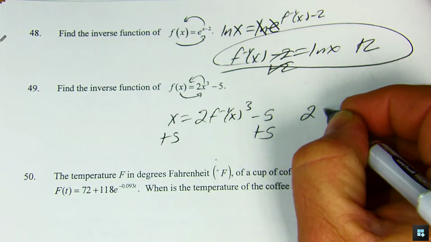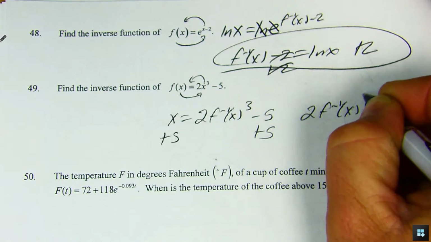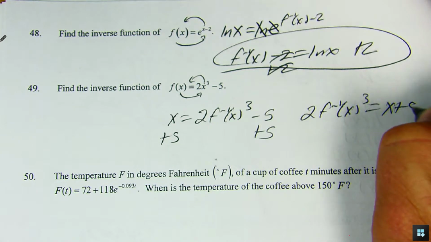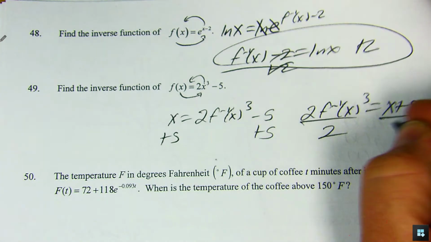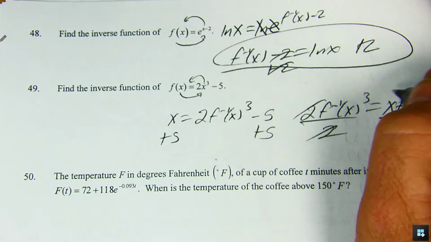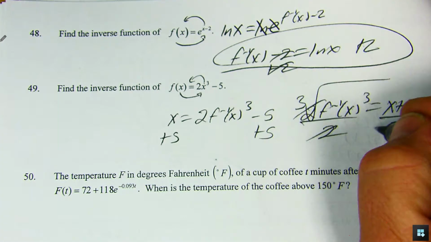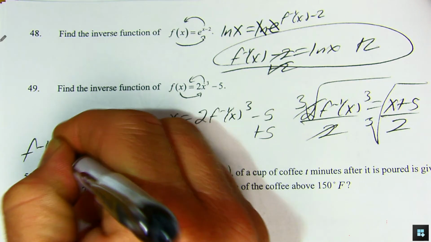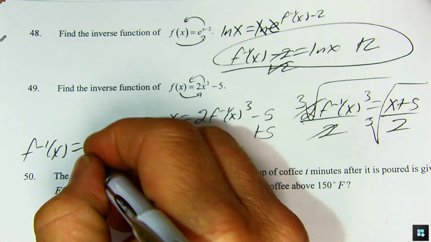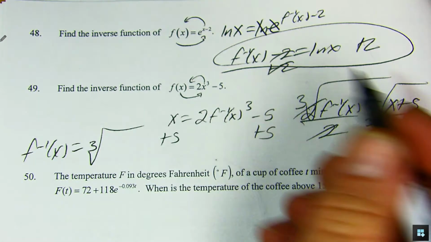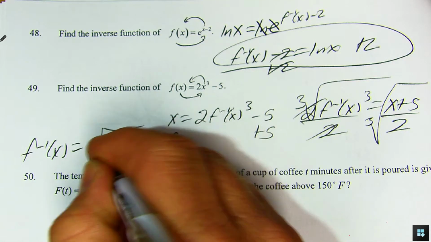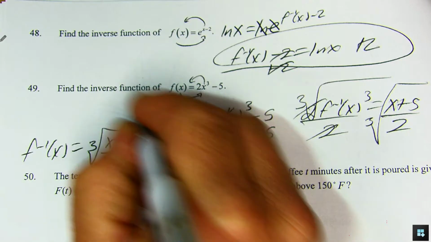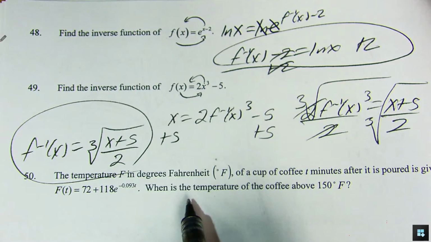That'd be 2f inverse of x cubed equals x plus 5, divide by 2. Then you're going to have to take the cube root of that whole thing. So f inverse of x is going to equal the cube root of x plus 5 all over 2. Done.